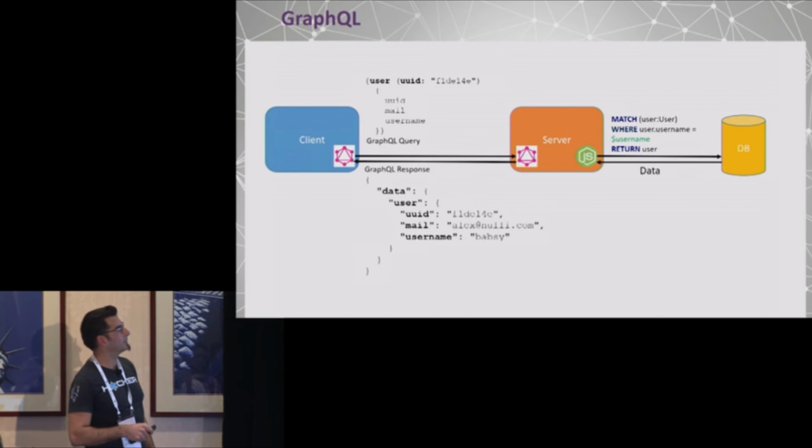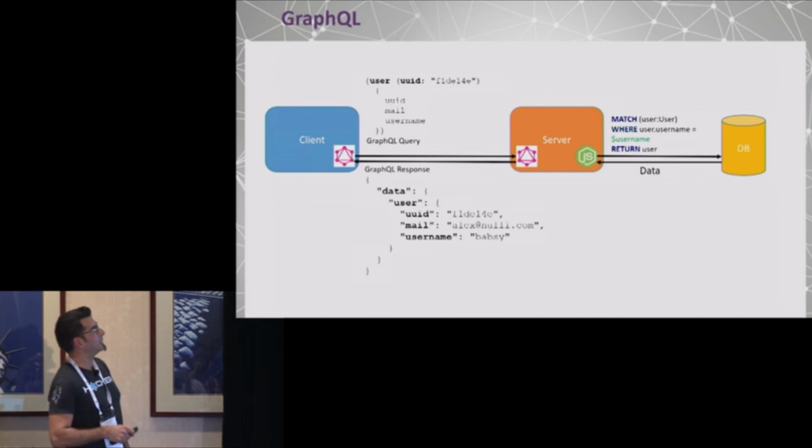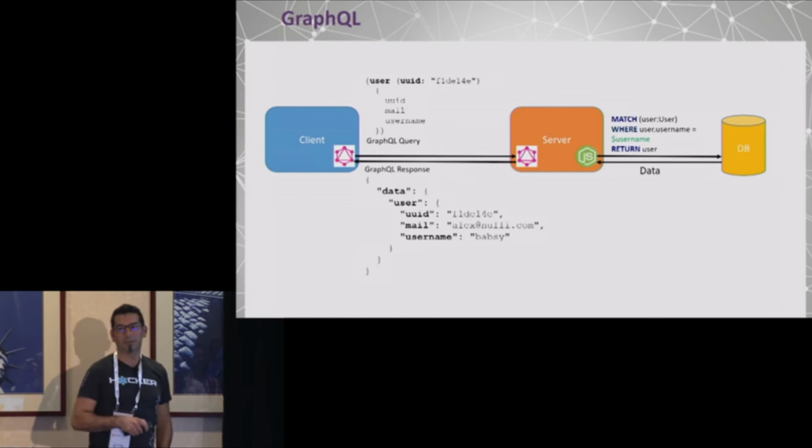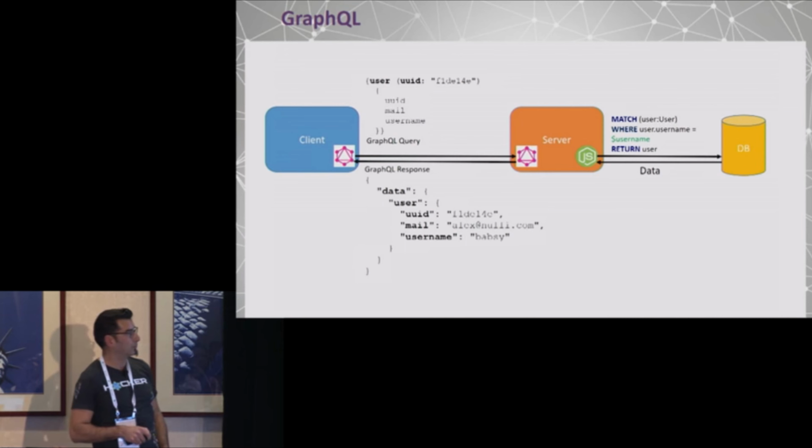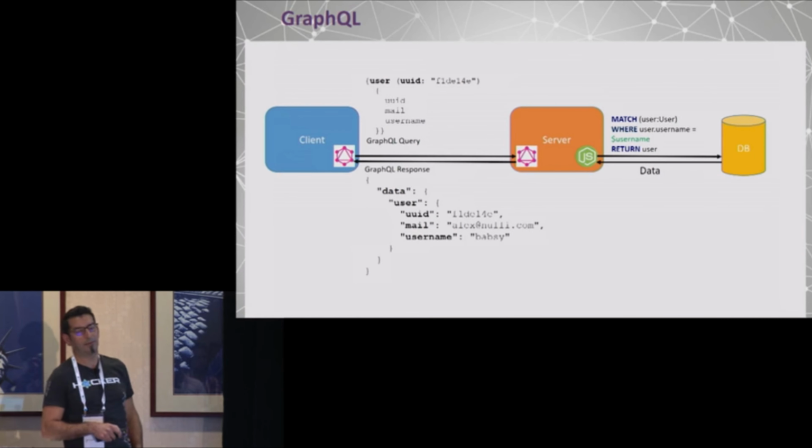We have a client with a GraphQL client library embedded in it. It packages a query that looks like this, which goes to a server. The server understands the query and transforms it, using some custom code, which could be JavaScript or your favorite language, into a query that looks like this, for example a Cypher query, to the database.